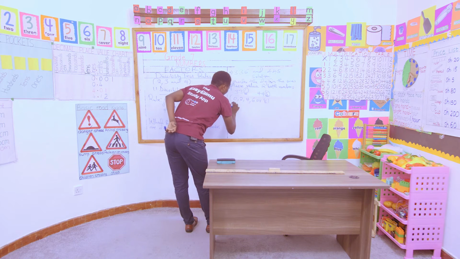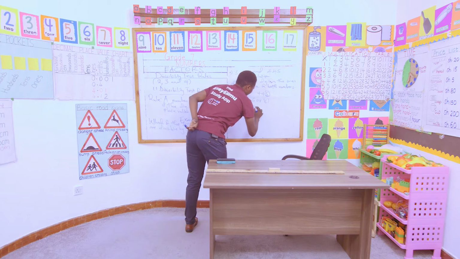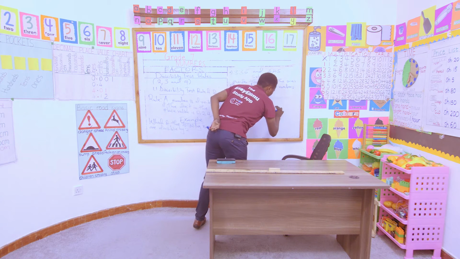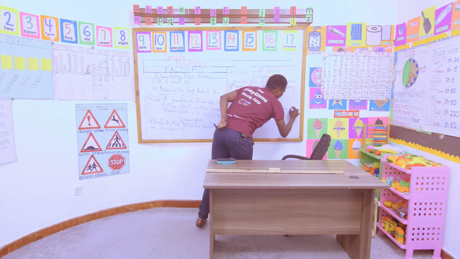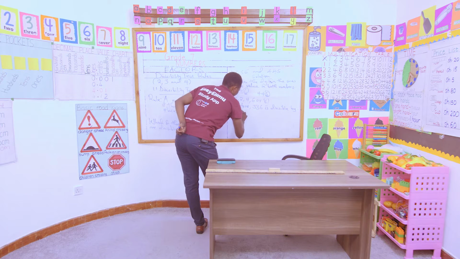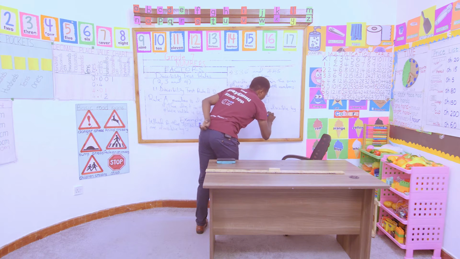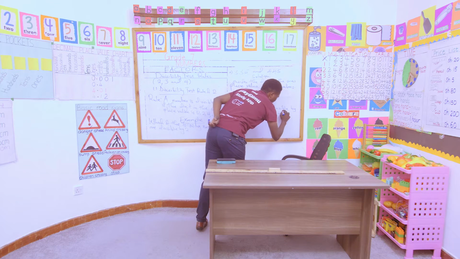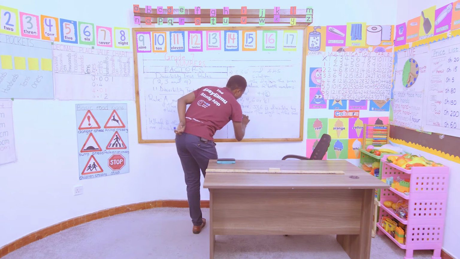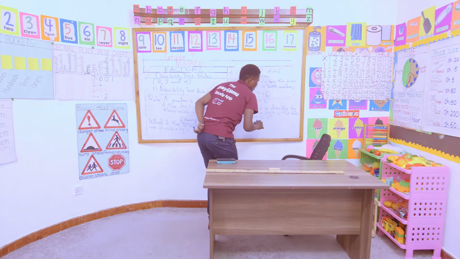Therefore, you can say 336 is divisible by 2 because the digit in the ones place value is 6.